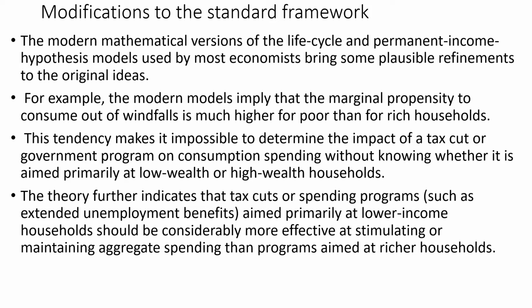If you take this tendency into consideration, it makes it very much impossible to determine the impact of a tax cut or a government program on consumption spending without knowing whether it is aimed primarily at low income people or high income people. The theory further indicates that tax cut or spending programs aimed primarily at low-income households should be considerably more effective at stimulating or maintaining aggregate spending than programs aimed at richer households.